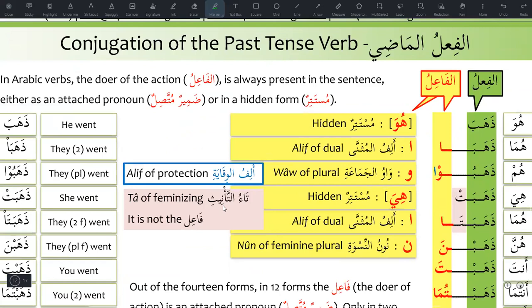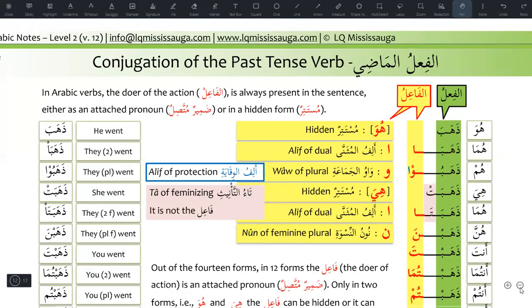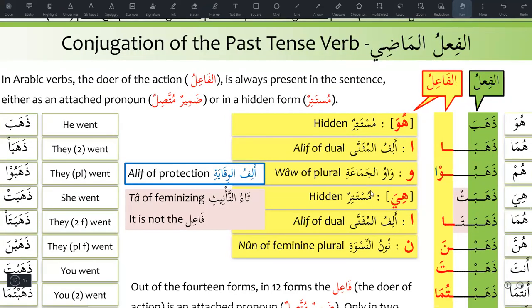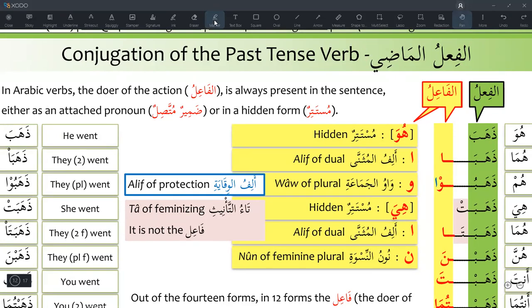And this is a conjugation of the past tense verb, al-fi'lul madi. You have to be attentive now because it is very important. So in Arabic verbs, the doer of the action we call al-fa'il.